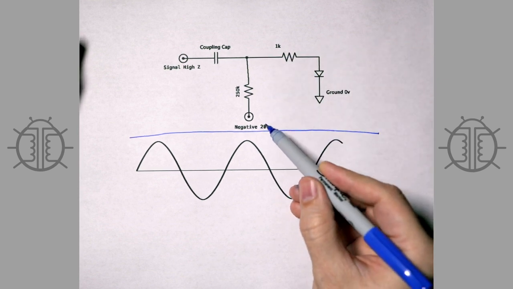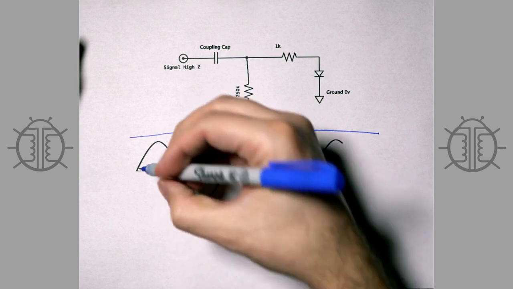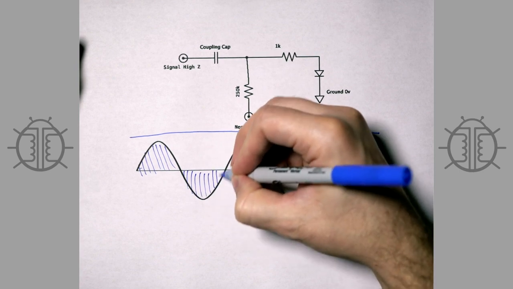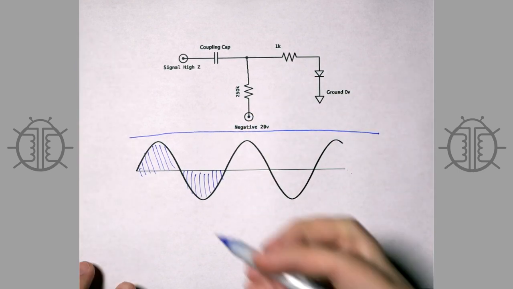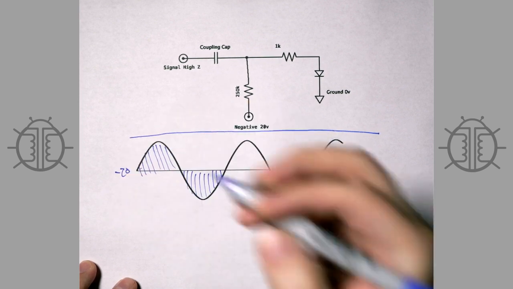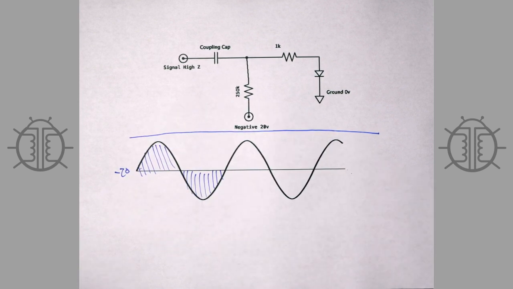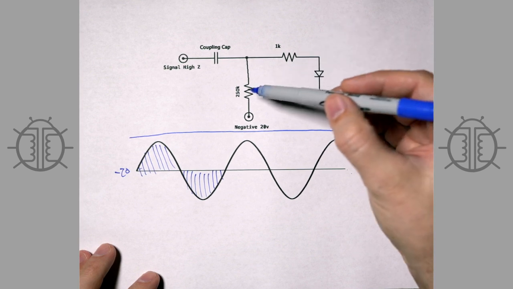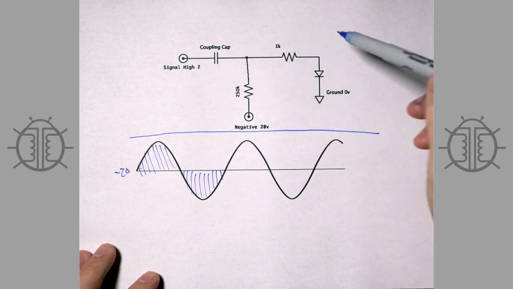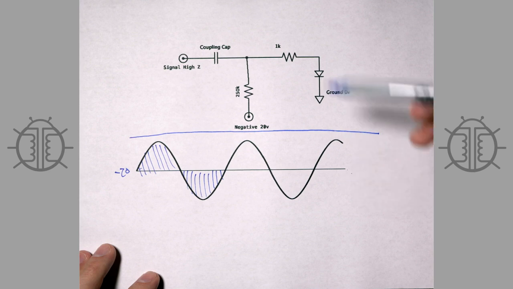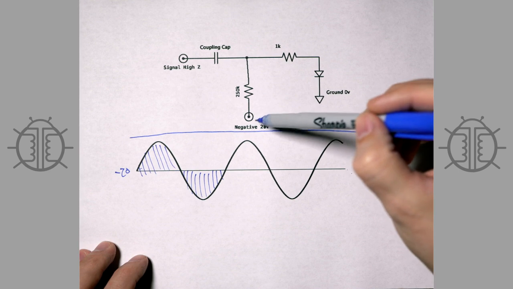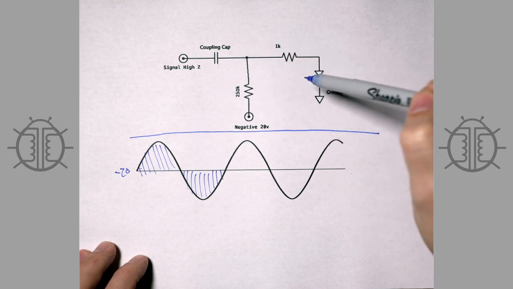The average negative voltage stays the same, because the area here is the same as the area here, so the average of negative 20 doesn't change. That is the proper functioning of a capacitively coupled AB1. This is a single output tube device. Obviously there are 2 of them handling the signal, but we're only looking at 1 for now, and this is functioning correctly.